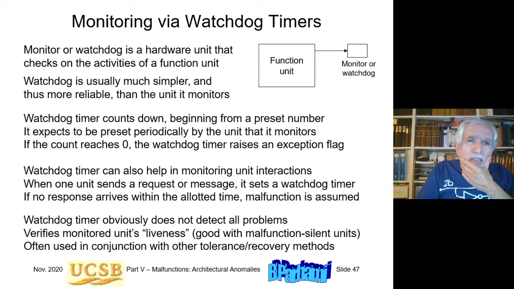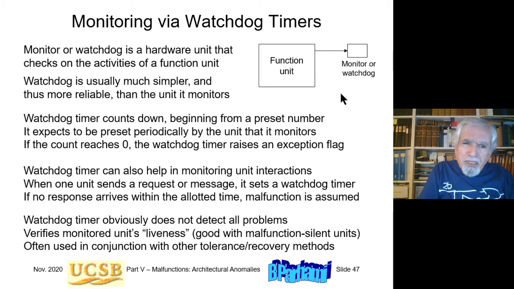Okay, the next couple of slides basically list a whole bunch of things that you can do in terms of monitoring using, say, watchdog timers. So for example, if a function unit does something and there should be a reaction to that thing within a certain time period, a watchdog timer can detect that that time limit has been exceeded and therefore something is wrong.